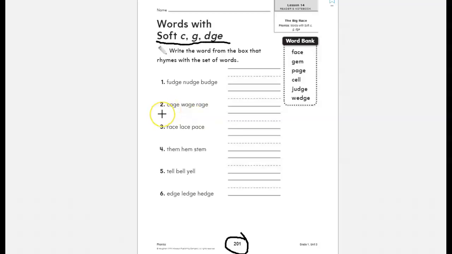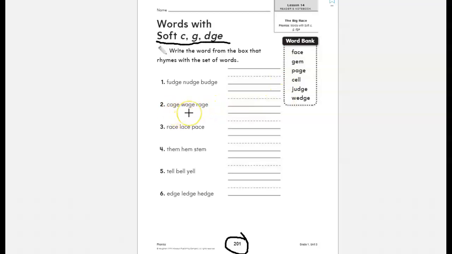On number 2, we have the group of words cage, wage, rage. Which word from the box best rhymes with this set of words?